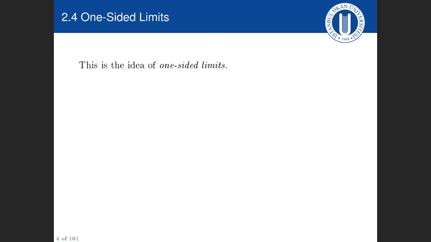This is the idea of one-sided limits. It's like a limit, but we're only looking on one side. First, some notation. X arrow c, this is what we were using last week for limits. This means x tends to c.